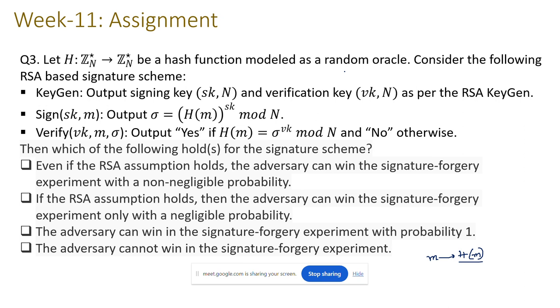Ma'am, but in this, the reason that this adversary is able to bring the signature forgery experiment to negligible probability is because of the collision resistance, not because of the RSA assumption, right? The RSA assumption also plays a role here.